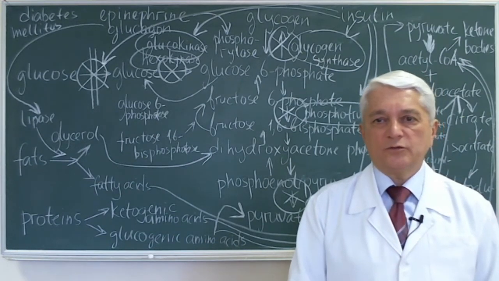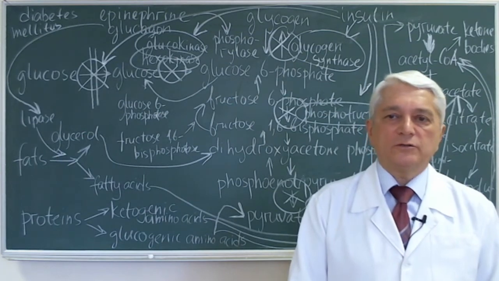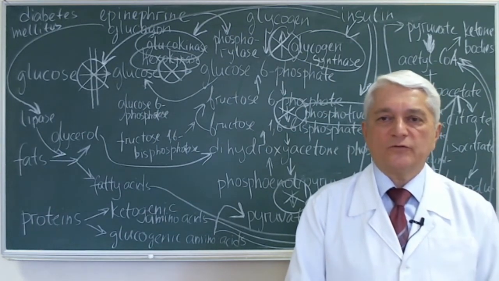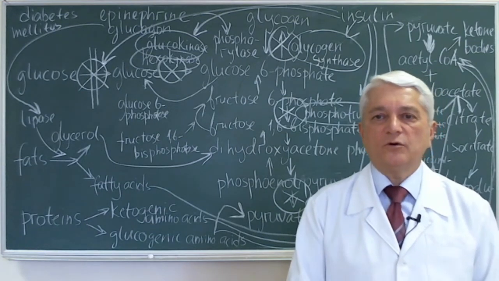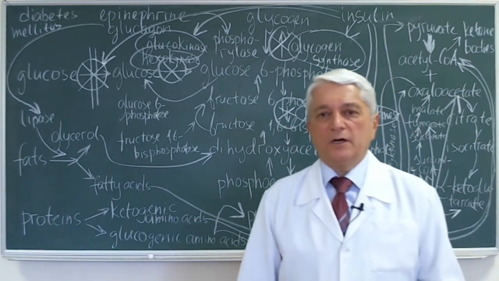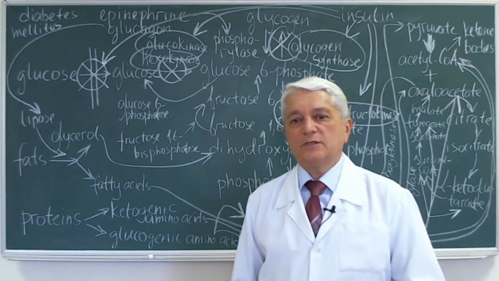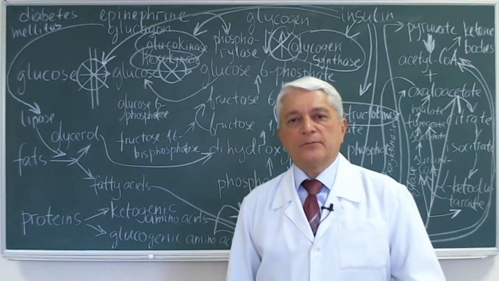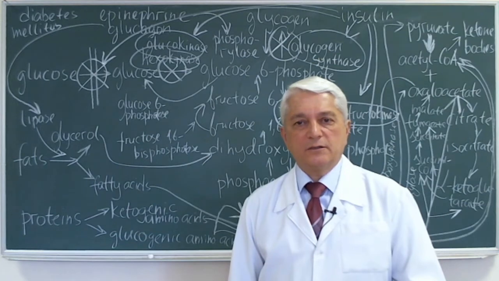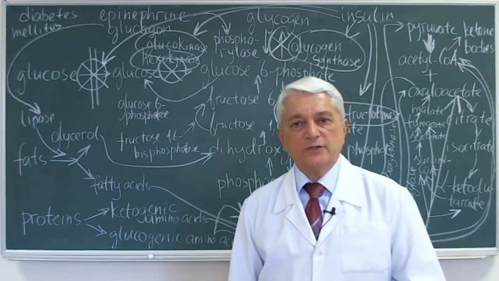the most important role belongs to immunoglobulins, the system of complement, receptors of lymphocytes, and so on. All these substances are proteins. But look, the patient with diabetes mellitus has problems with a small amount of energy.